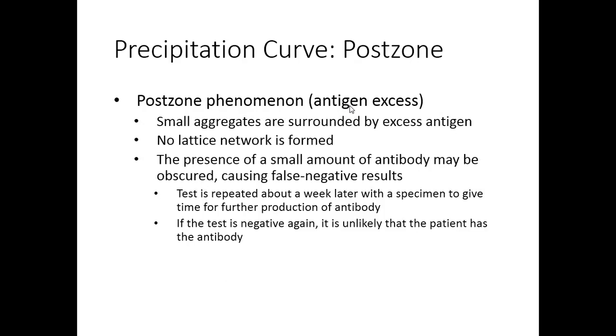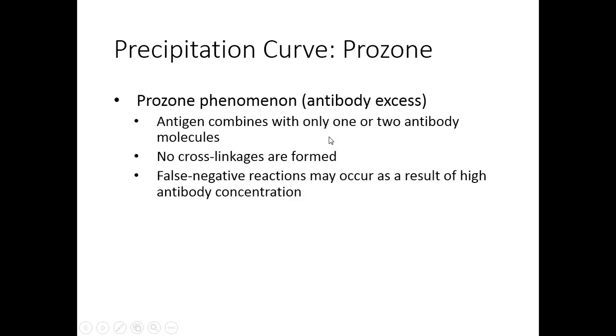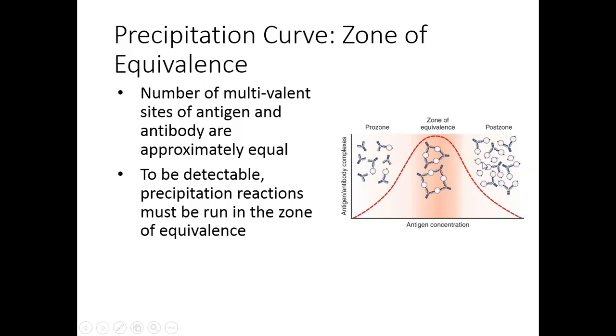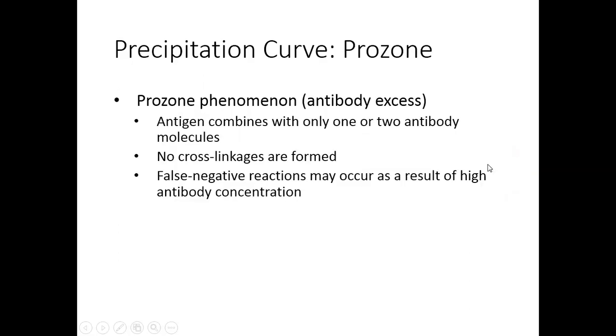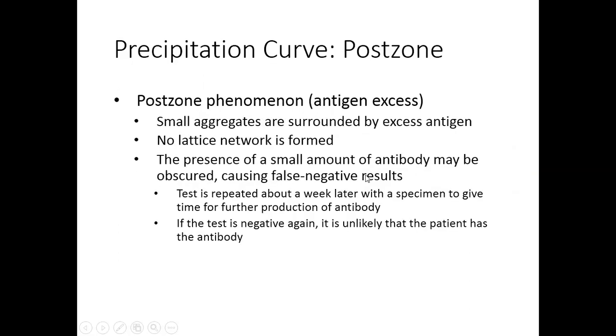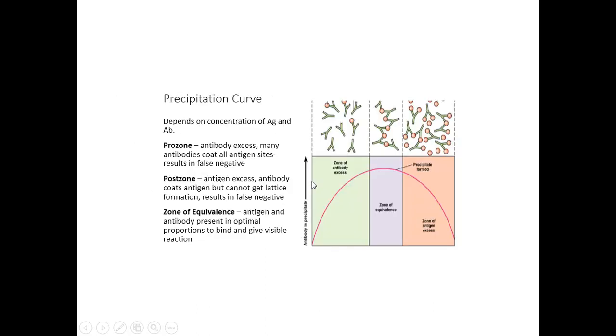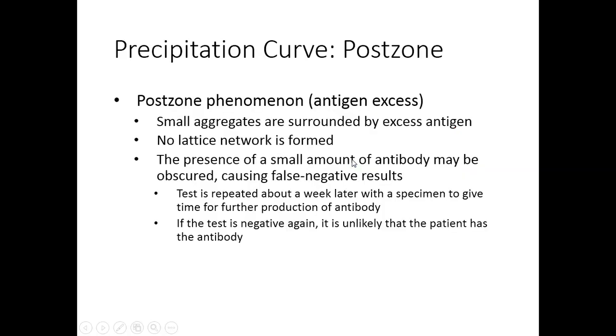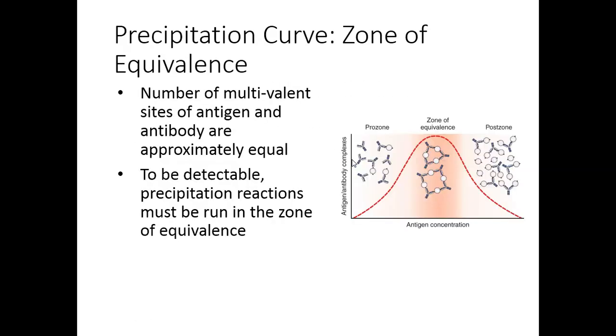The postzone phenomenon: because antigen is in excess and no lattice forms, sometimes what you can do is wait a week. If you get a false negative, so you had too much antigen and no lattice formation, right? We saw that here. The small amount of antibody leads to what? True negative or false negative? False negative, because there really was antigen there, right?